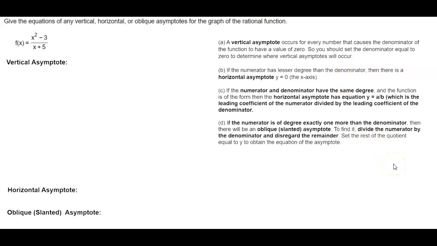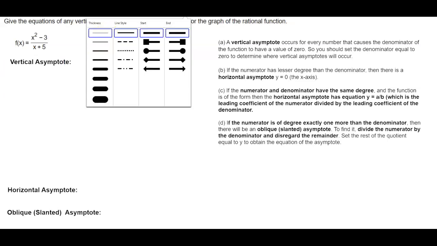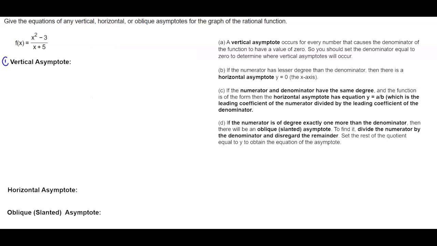The denominator is x plus 5, and we set that equal to 0. So x plus 5 equals 0, and if we solve for x, then x is going to equal negative 5, and therefore this represents the vertical asymptote.